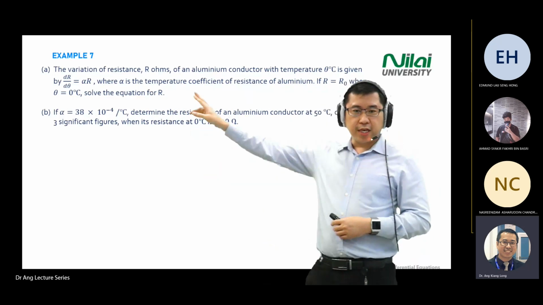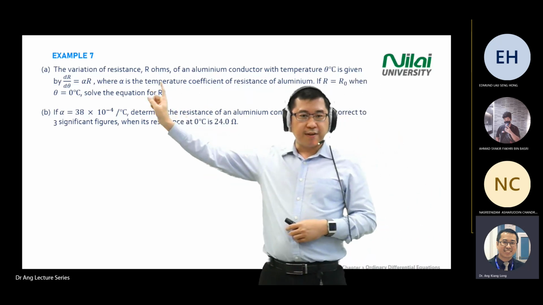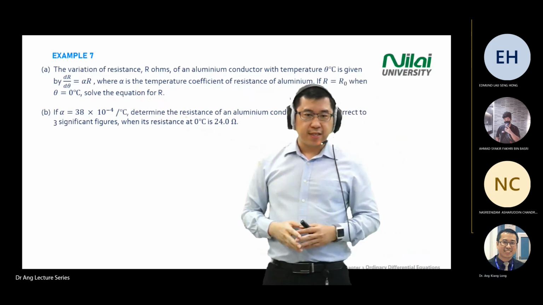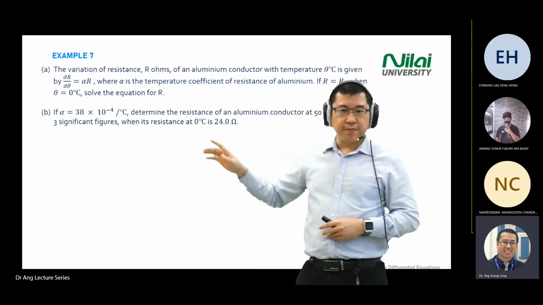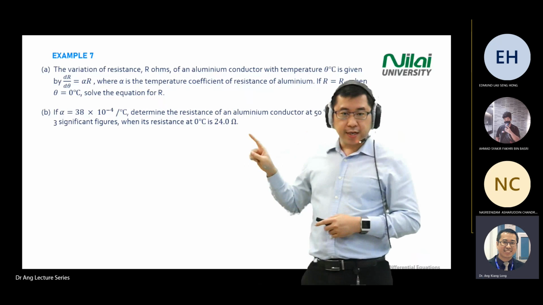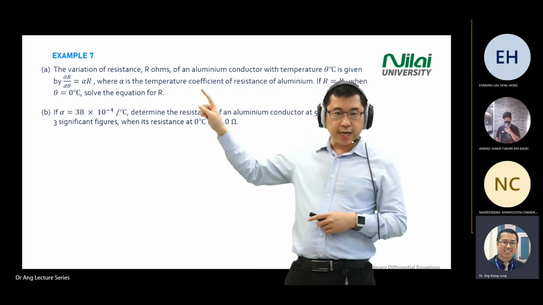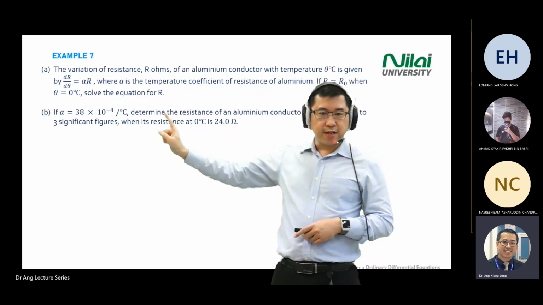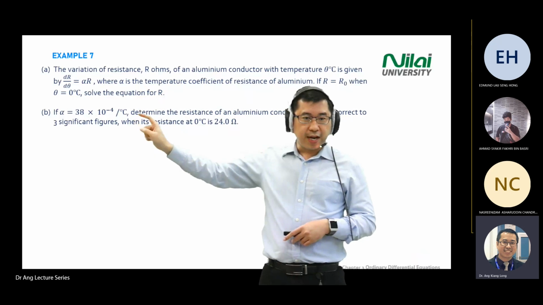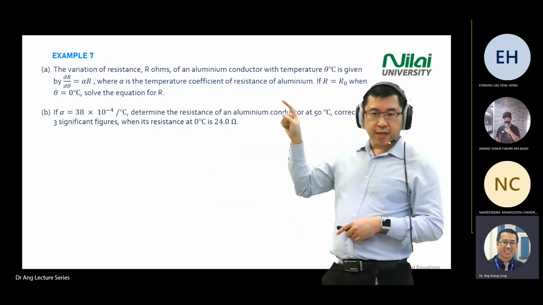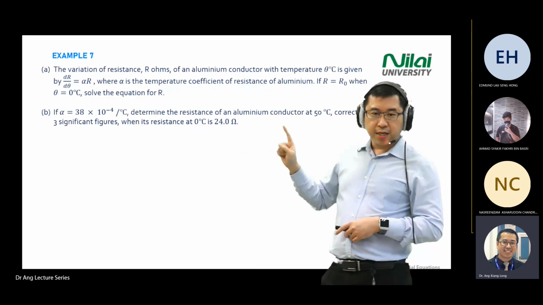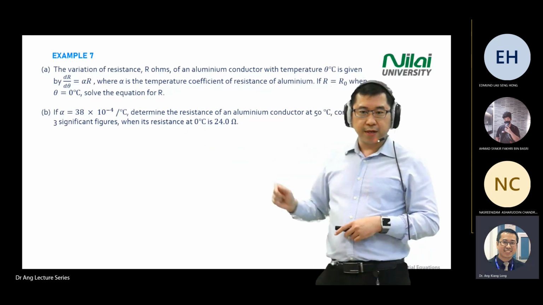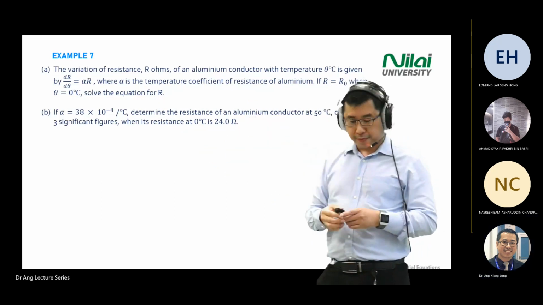As you can see on the second line far left there, you put your equation as dy dx, and then on the other side you have alpha and R. The second case will be B. After we solve A, we solve B. So just an introduction to B: once you solve A, you solve for B. You are given the value of alpha, determine the resistance at 50 degrees C when the resistance at 0 is given in ohm. So you are given all these values. We'll look into this part later. We solve the first one.